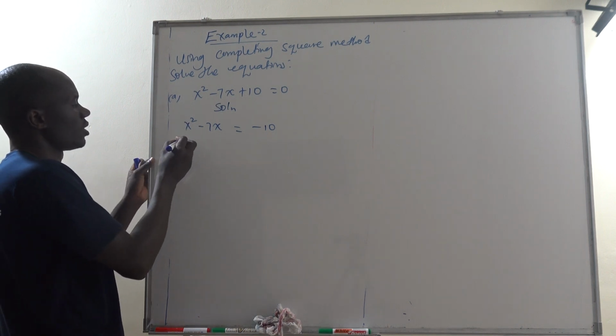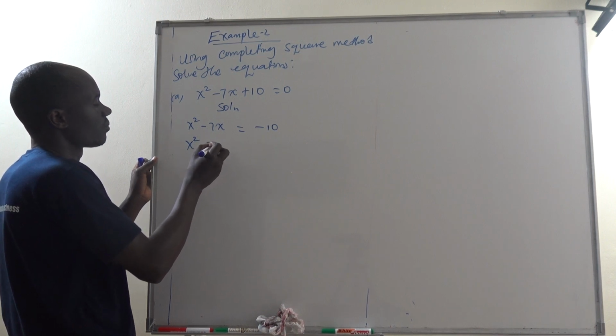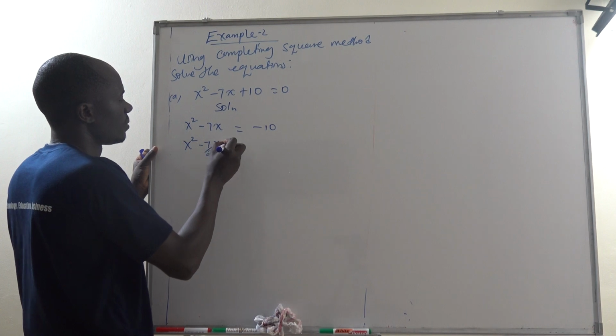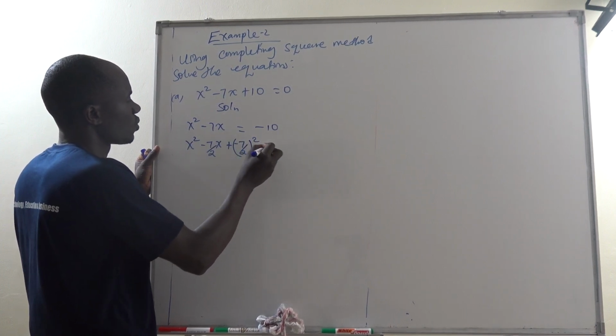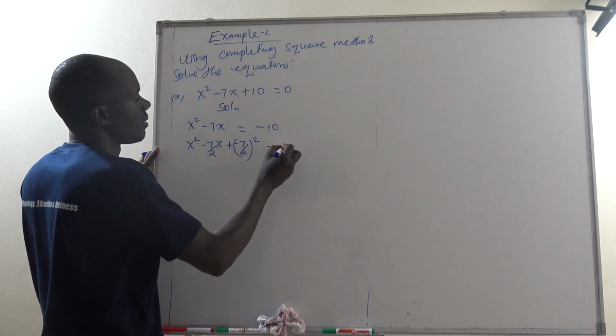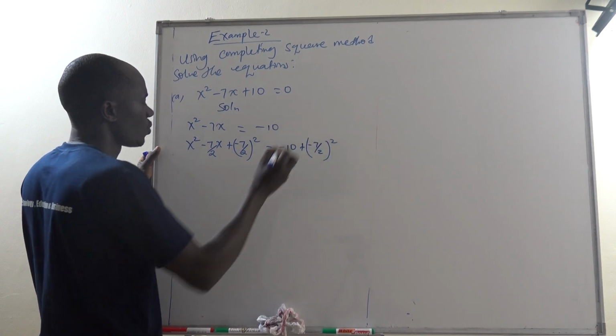So this is going to be x squared minus 7 out of 2 x, then you add negative 7 out of 2, the whole of it squared. Whatever you have done here, you also do on the other side. It becomes negative 10 plus negative 7 out of 2 squared.